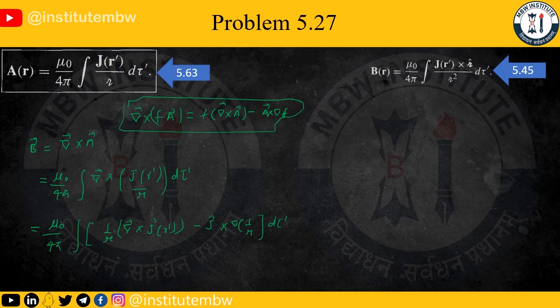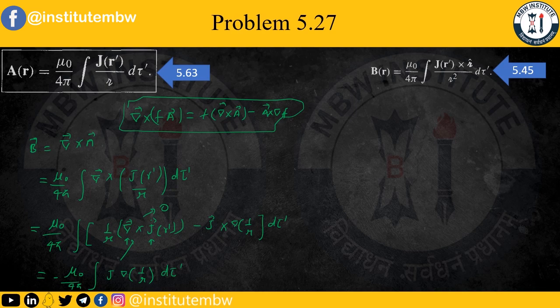As I said, this is in unprimed and this is in primed, so it will become 0. So it will be equal to mu naught over 4 pi, that minus will be here, and J del of 1 upon r d tau dash.